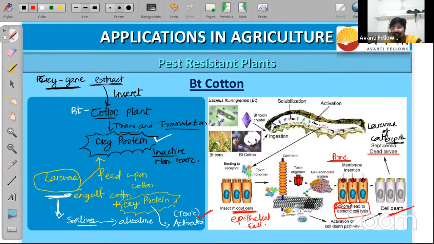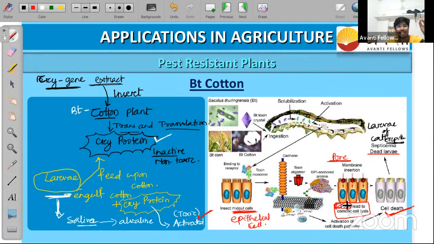Okay? This is how the BT cotton plant protects itself. Once the larva feeds a little, it will die automatically after some time. So this larva will not develop into an adult, and it will not feed upon the cotton plant a second time. Did everyone understand?